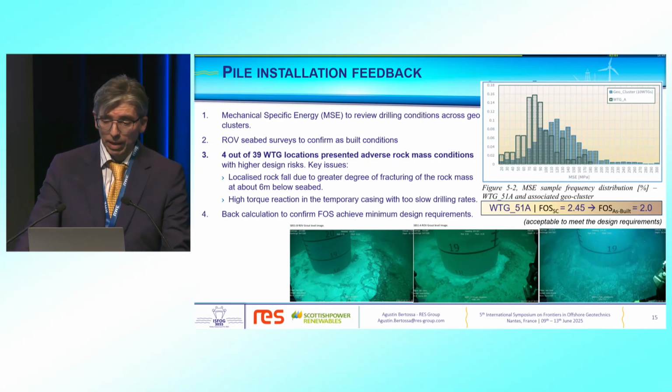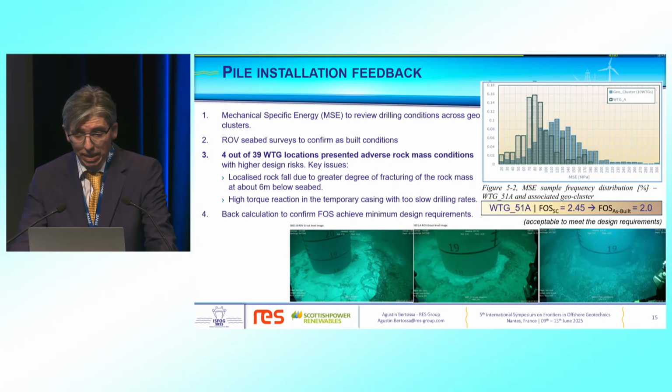Looking at one of the locations as an example, location 51, we assessed the mechanical energy from the various drilling records, the drilling parameters, and we noticed that the energy applied at that location was, the frequency distribution presented a lower bound compared to the corresponding geocluster database.